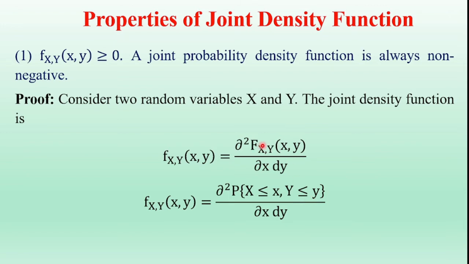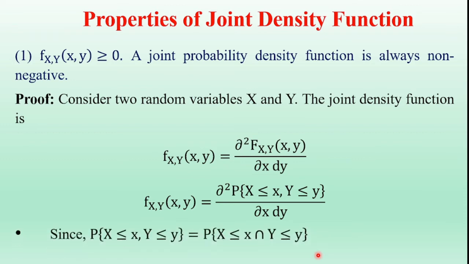Applying that definition to the right-hand side of this equation, we get small f_XY(x, y) equal to the second derivative of the probability of X less than or equal to x, Y less than or equal to y.